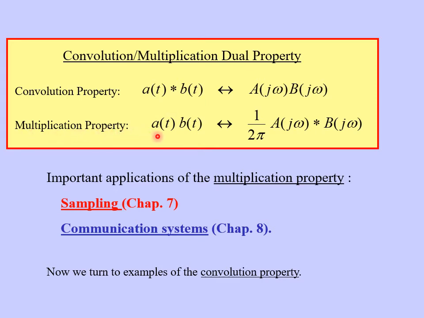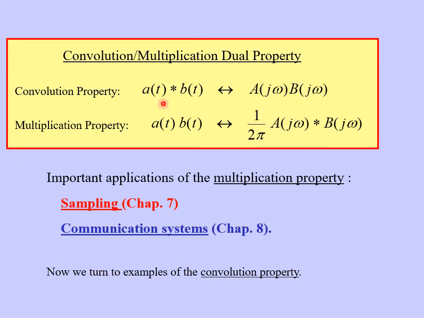In the time domain, if we multiply two signals together, signal A of t multiplied by signal B of t, then look what we get in the frequency domain. We have to do a convolution of the Fourier transforms of A and B. And then there's also a factor of 1 over 2 pi.